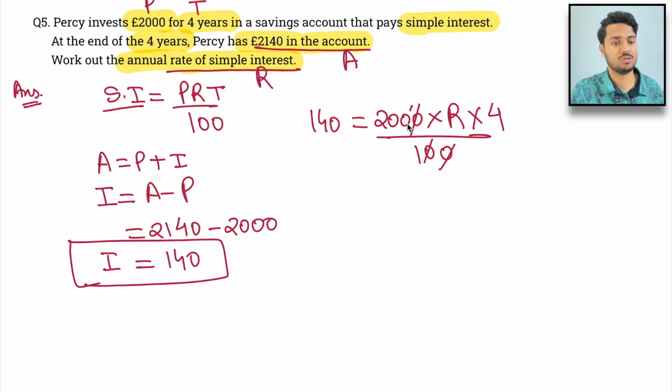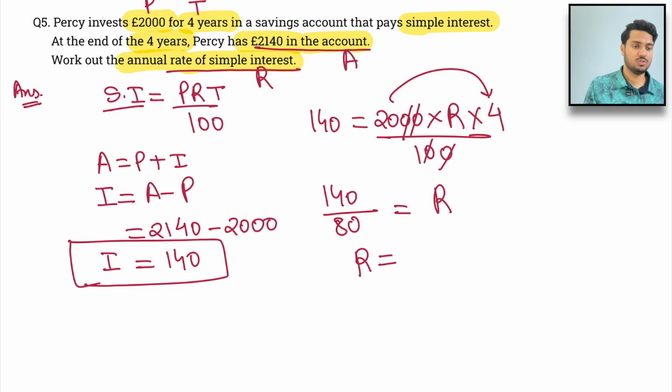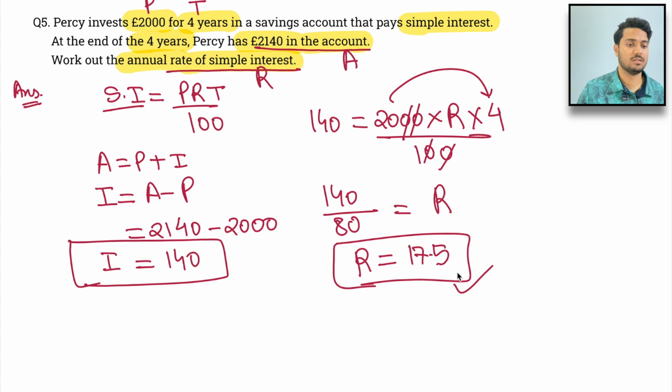So the zeros cancel out. 140 divided by 20 into 4, that is 80, which is equal to R. So simply R is going to be 140 divided by 8, and the answer is 17.5. That's the value of R. 17.5 percent is going to be the rate of simple interest that is charged annually.